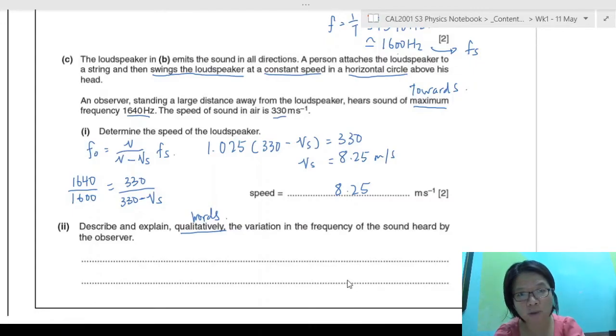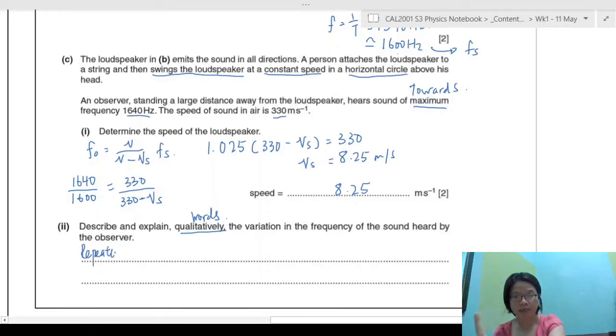So we're going to describe qualitatively how the frequency changes as the loudspeaker turns horizontally like this. If they say qualitatively, we will use words, okay? So of course, you will hear high pitch, low pitch, high pitch, low pitch.